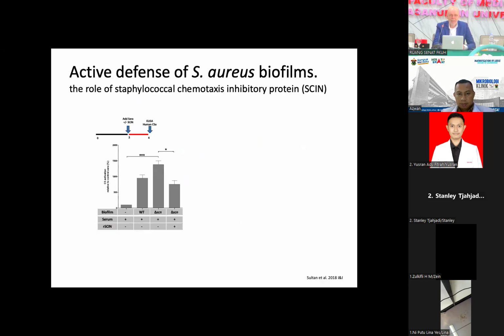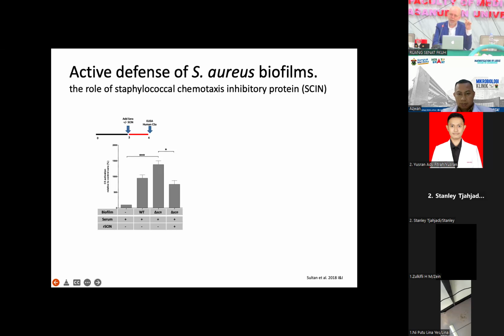Well, what we did is, again, we repeated the same experiment and added serum, and then we could see that depending on the presence of SCIN, the C5a concentration decreased.